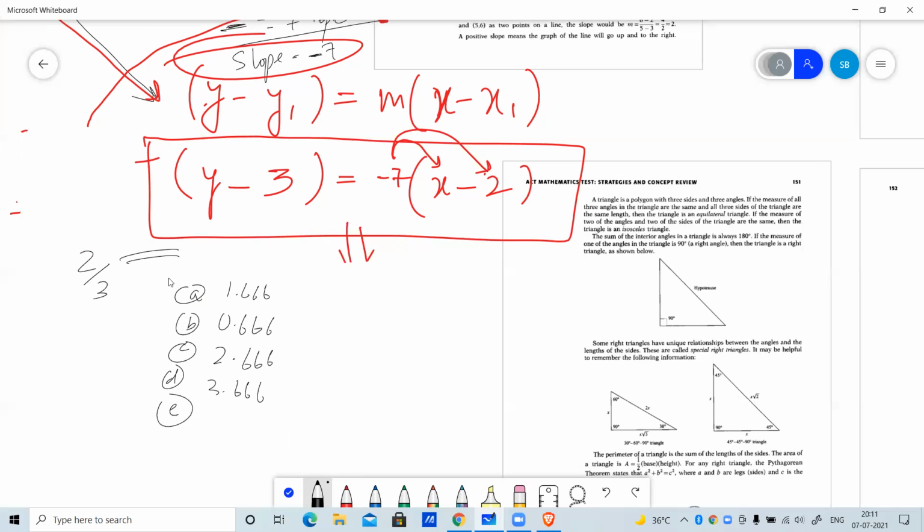You will check on the calculator how much 2 divided by 3 is, and that is 0.666, so it's option B. It's just a representation and nothing else. Whether you write it in this form or some other form, no problem at all, depending on whether the options are in this form or another.